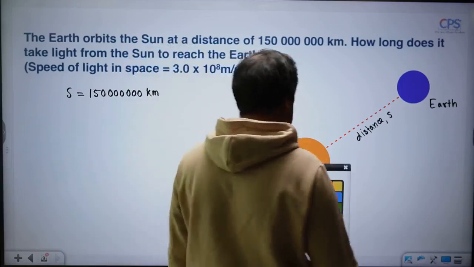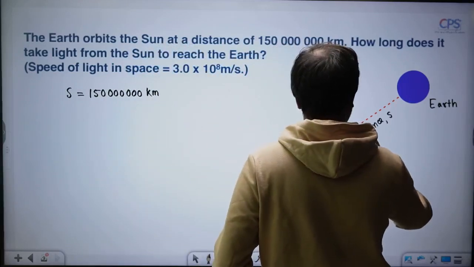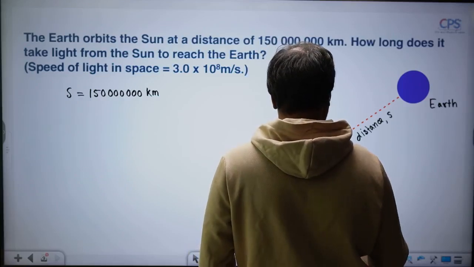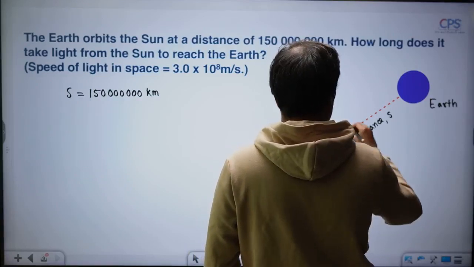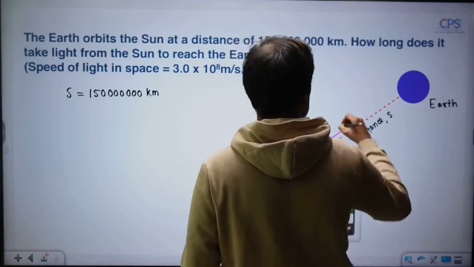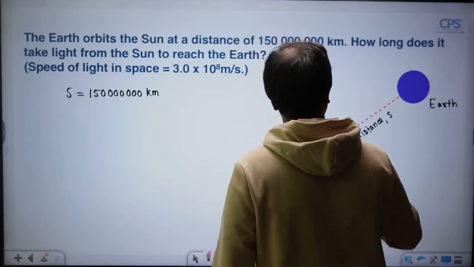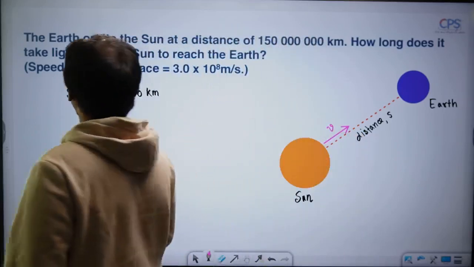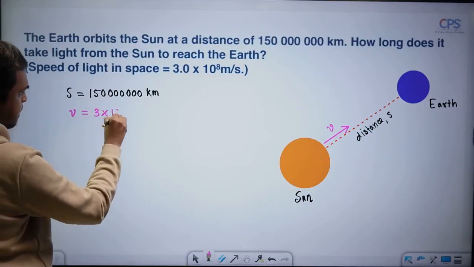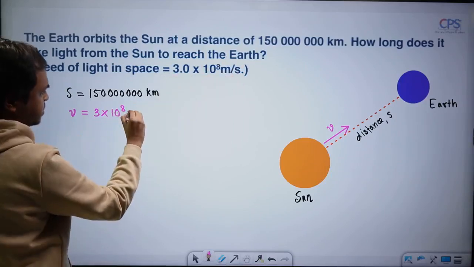Let's draw it with the pink arrow, the velocity or the speed. The speed of light in space is 3 into 10 to the power 8 meter per second. And that's general knowledge, right?